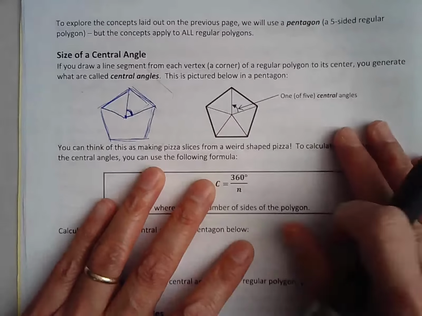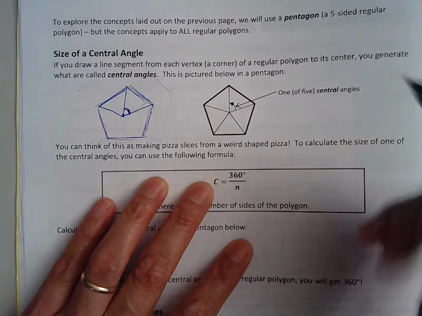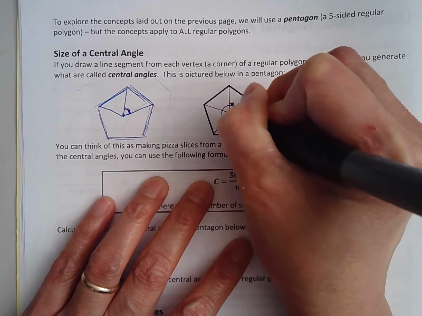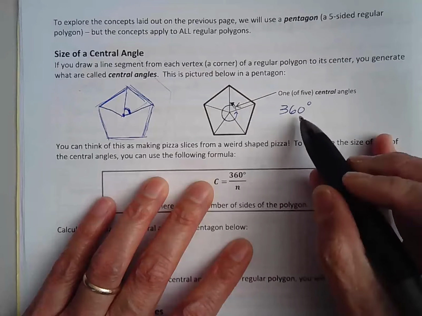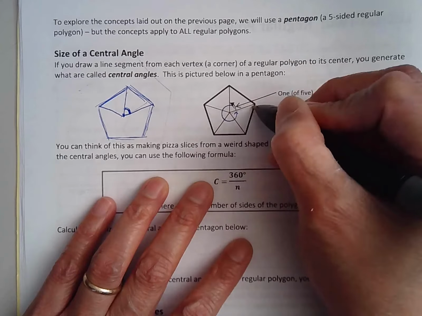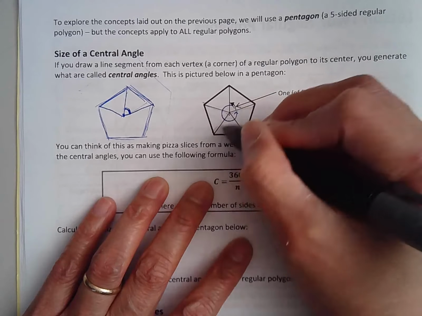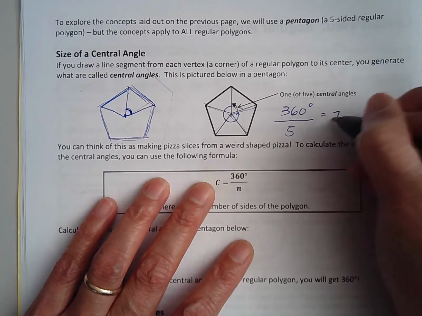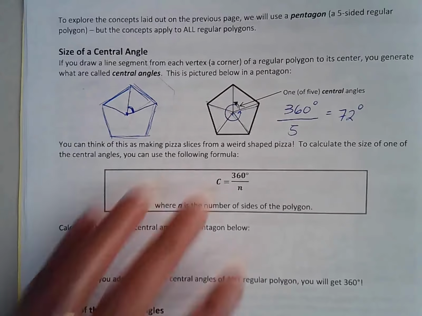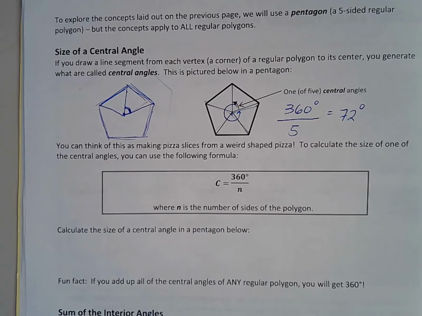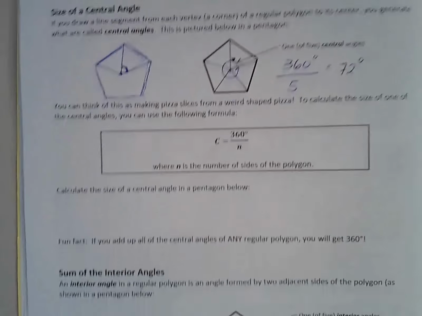So in this case, this is going to be 360 degrees because that's all the way around. Then we divide it by 5 angles, 1, 2, 3, 4, 5, and you get 72 degrees. That's exactly what it is.